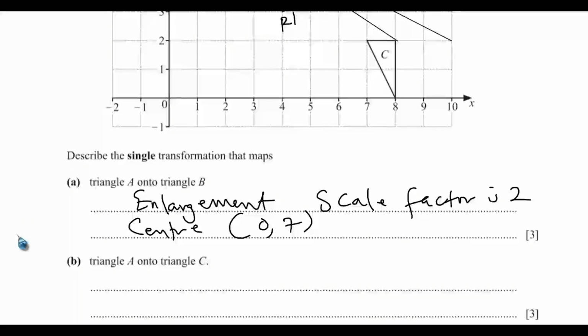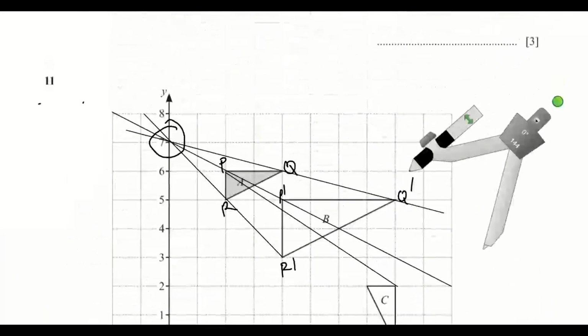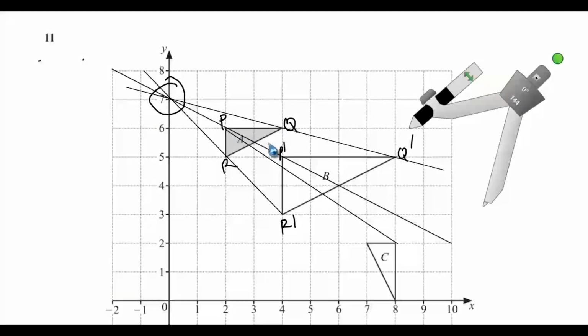Part B, describe the single transformation that maps triangle A onto triangle C. This is triangle A, the object, and this is triangle C, the image. If point P is here, then the corresponding point of the image will be here.